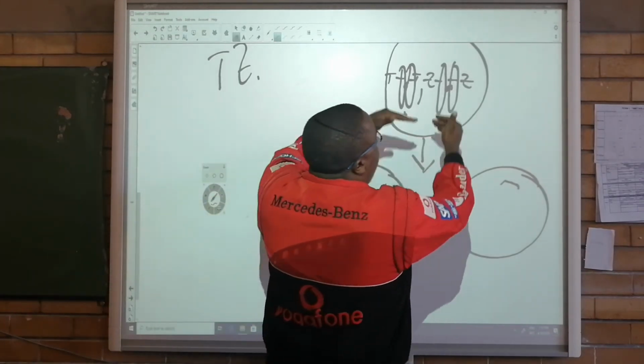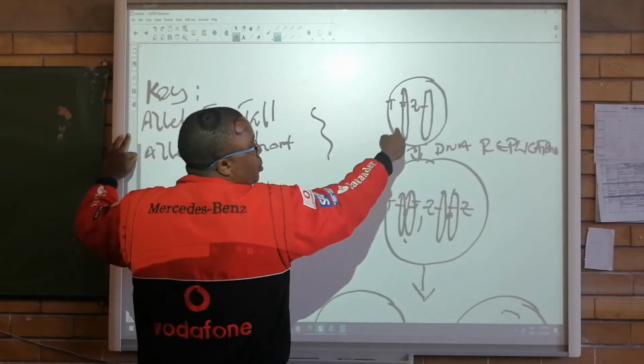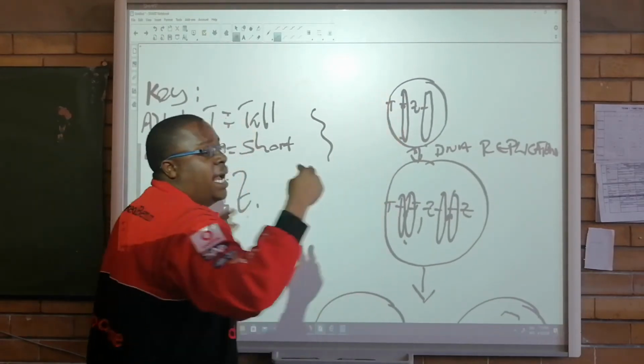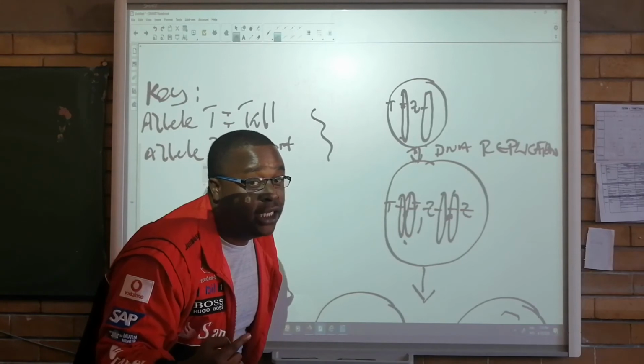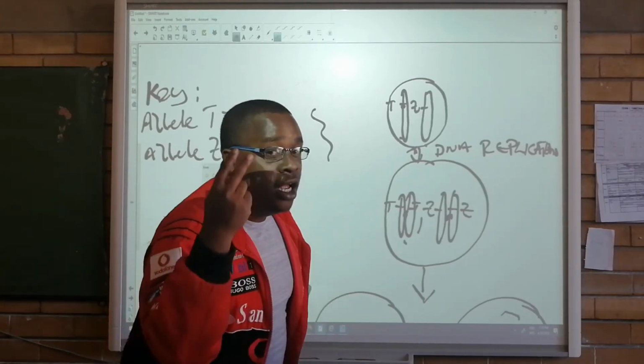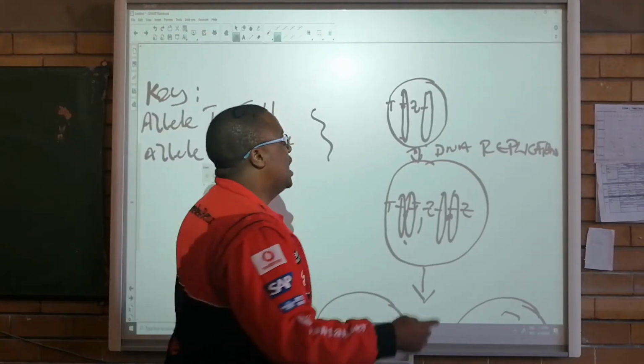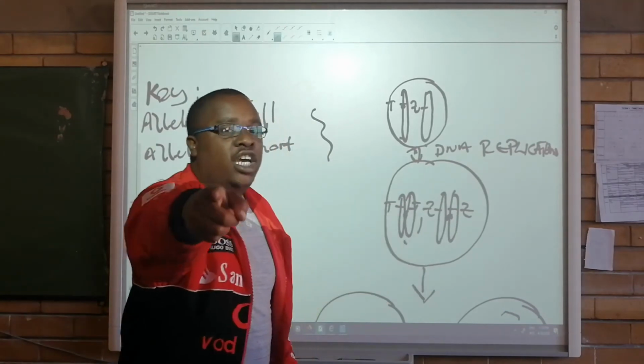How many chromosomes did you study? 2. How many homologous chromosome pairs? 1. How many chromosomes did you start with? 2. Before what? Meiosis. DNA replication occurred.